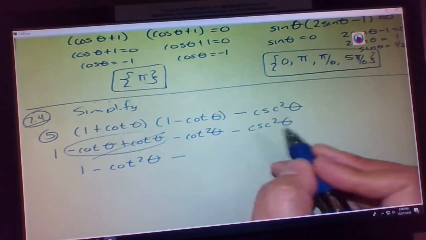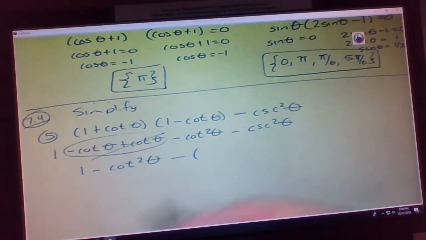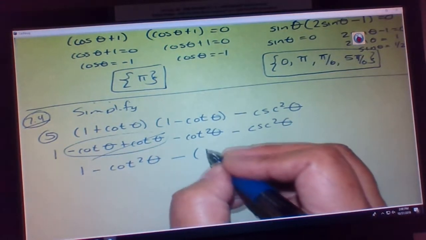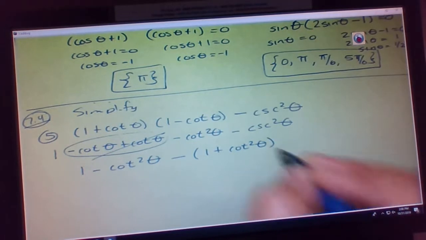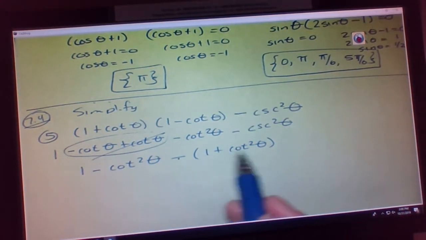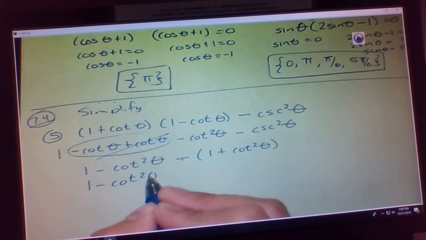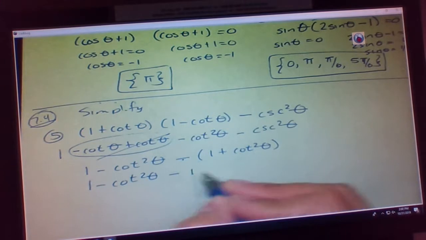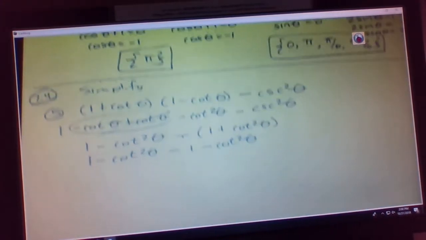But this could be exchanged into what? 1 plus cotangent squared. But this negative affects both of those. So this becomes negative 1 minus cotangent squared.